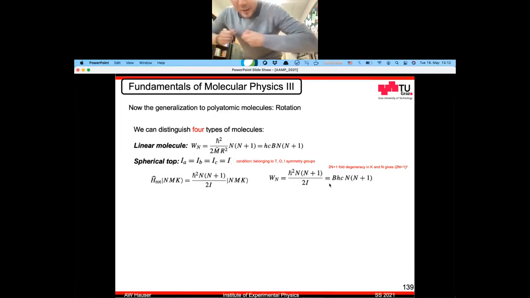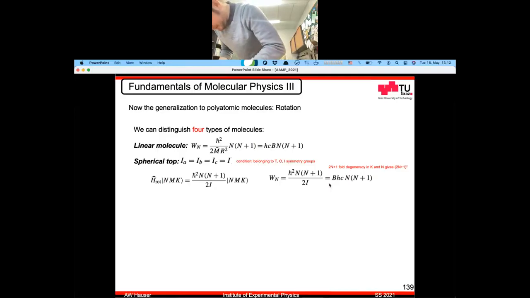I just have to build it for you quickly. Okay, now I won't build this one because this is part of the quiz at the end. I built something different, but which is also symmetric enough to be a spherical top.